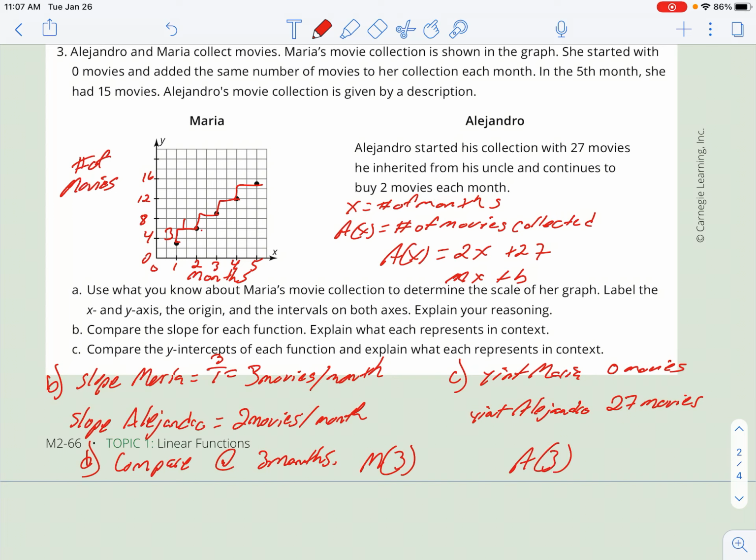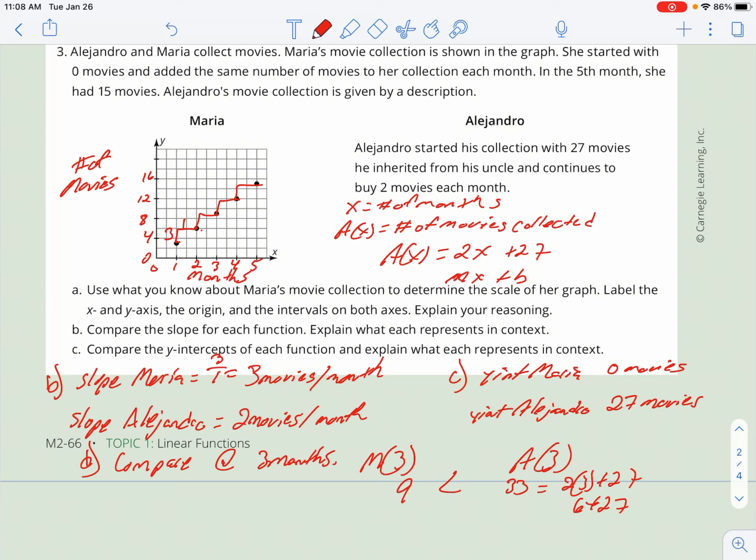So at 3 months, Maria, I can look at my graph and see that she is at 9 movies. And Alejandro, all right, he's got quite a few more because of what he's inherited. 2 times 3 is 6, but he already has 27 in his movie collection. So 6 plus 27 turns out to be 33.